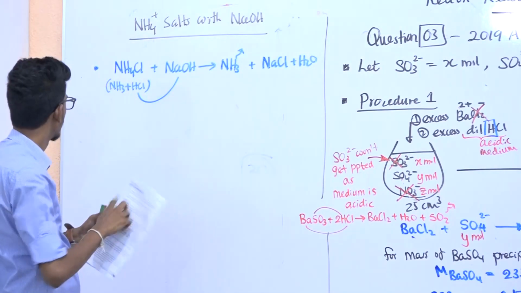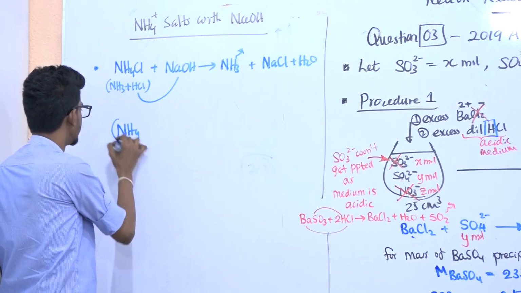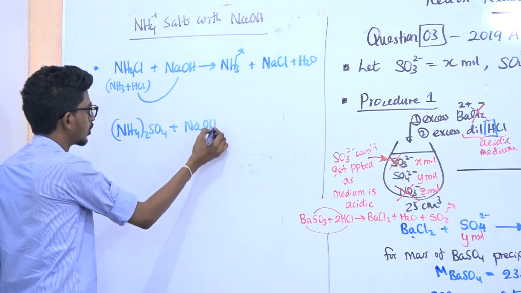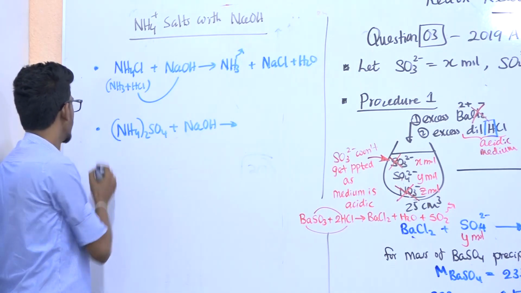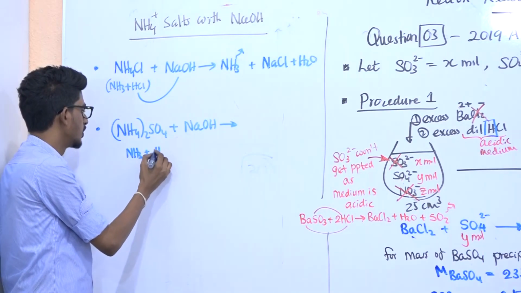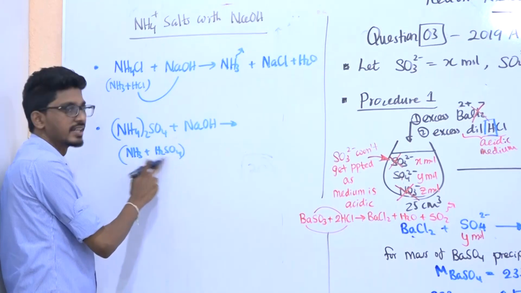So for example, ammonium sulfate with NaOH. With any strong base this thing will appear. See? So ammonium sulfate can be seen like ammonia plus H2SO4. ළමයි බලන්න තියෙන්නේ ammonia එකයි corresponding acid එකයි.